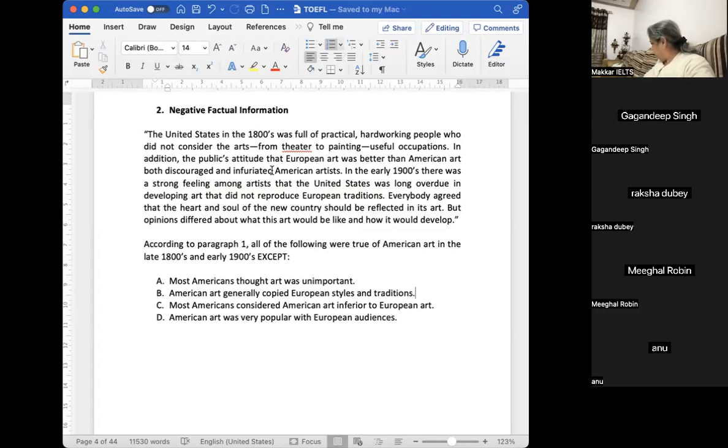So, बताओ. D: American art was very popular with European audiences. अब ये C, most Americans considered American art inferior to European art, ये भी दिया हुआ है ना? Yes, considered, हाँ. And American art was very popular with European audiences.